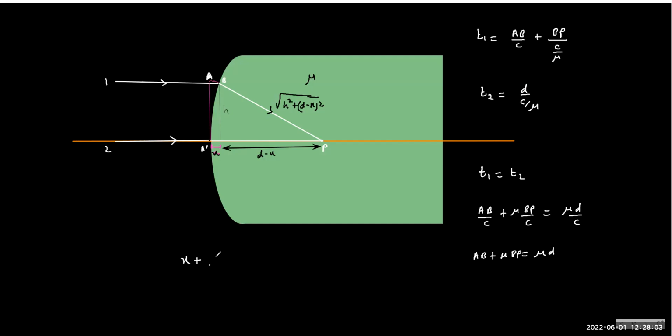X plus mu under root of. So you can write as mu, squaring both sides.